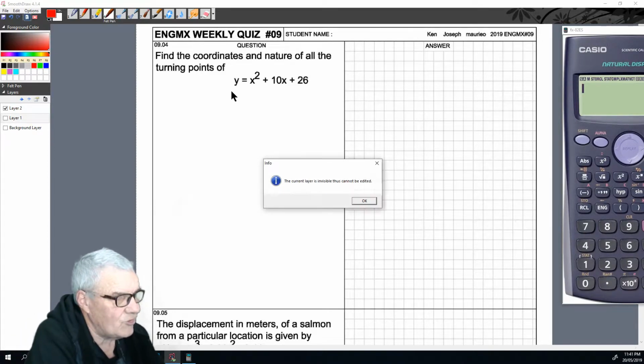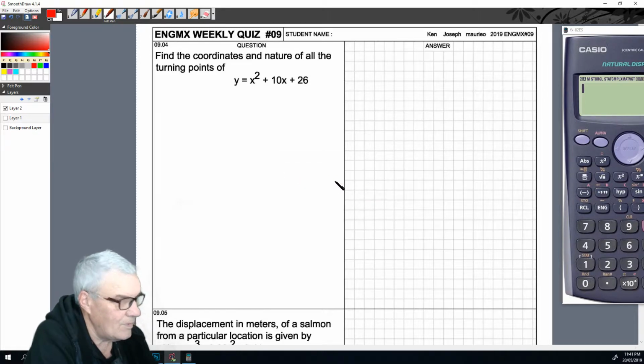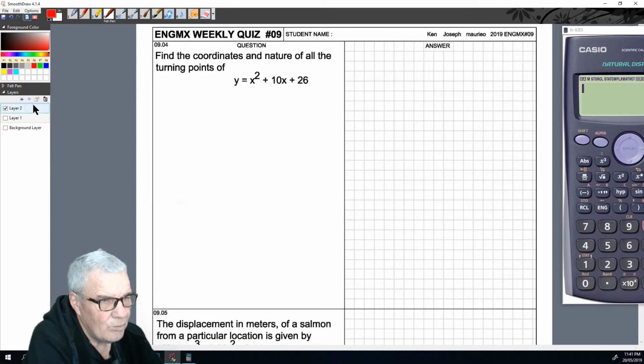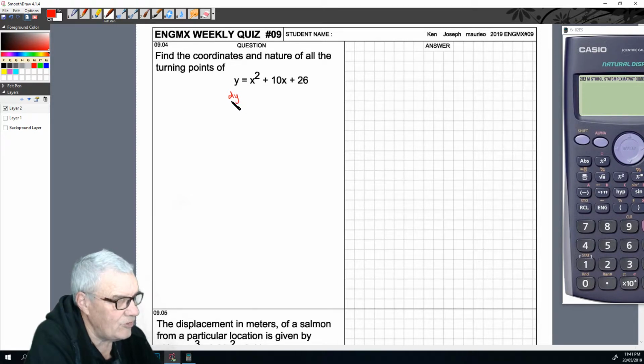So let's differentiate it. So dy by dx, which is the differential, dy by dx equals 2x plus 10.